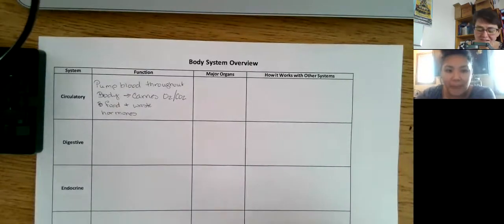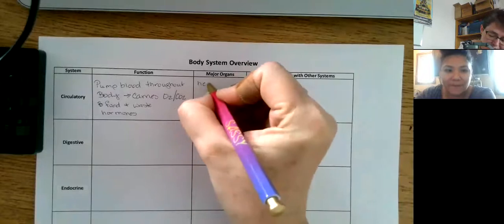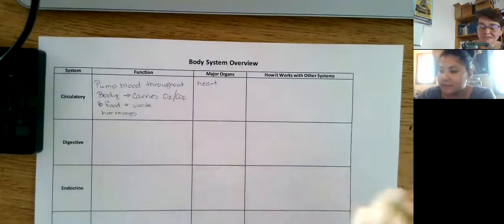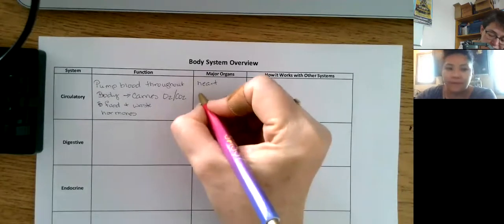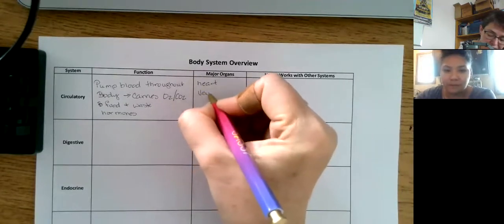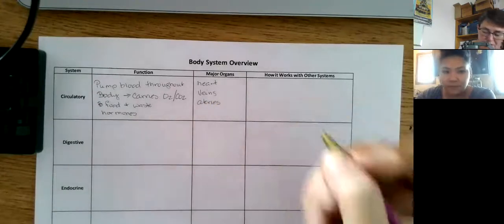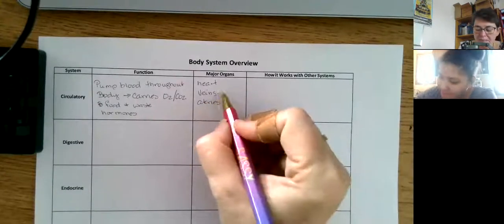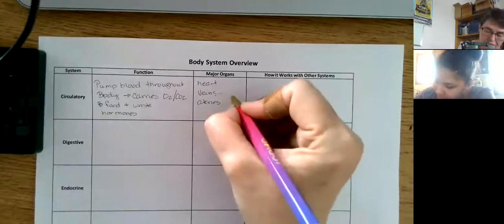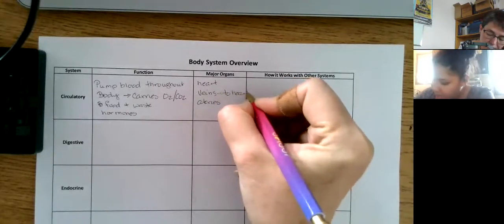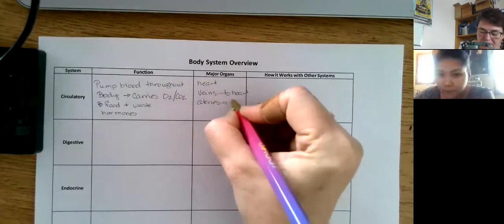You basically know this. So you're just going to have your heart as the biggest one. And I don't even know if they're organs, but we could talk about veins and arteries. Those are probably the big ones. Veins, remember, are always going to the heart, and arteries are always coming from the heart.